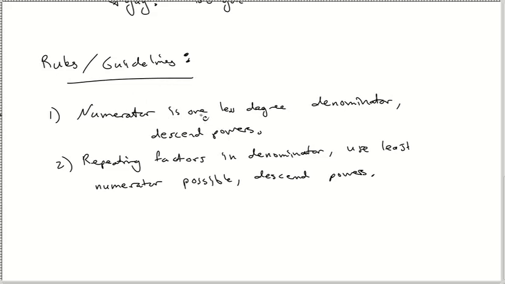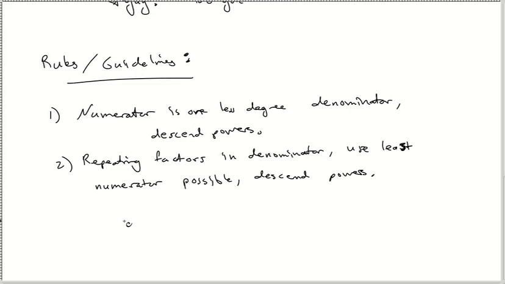The numerator is one degree less than the denominator; descend your powers. And rule number two is repeated factors in the denominator. If you have this, then you're going to use the least complicated numerator possible. Descend the powers.